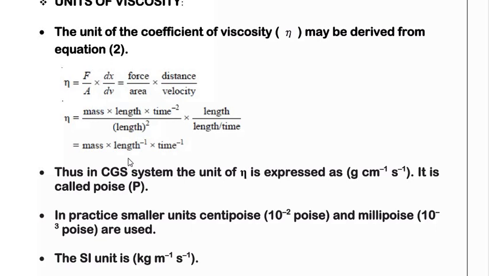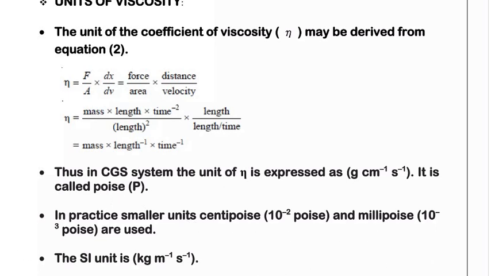So these are your eta units. In the CGS system, the unit of eta is called the poise (P), with smaller units centipoise and millipoise.